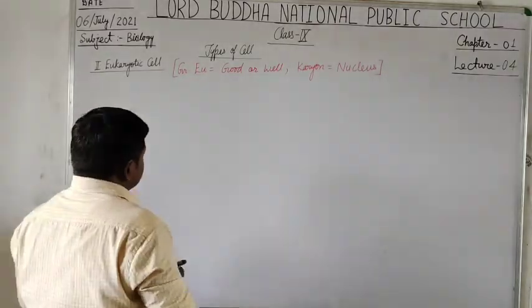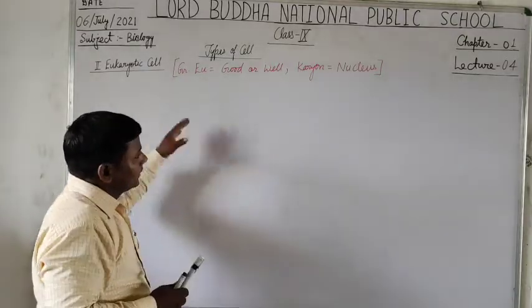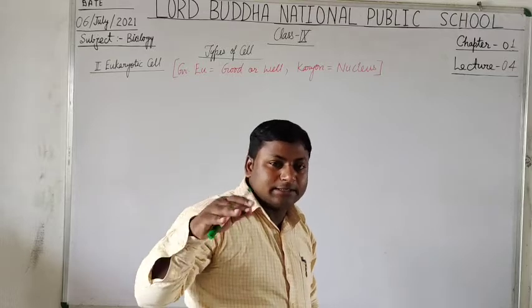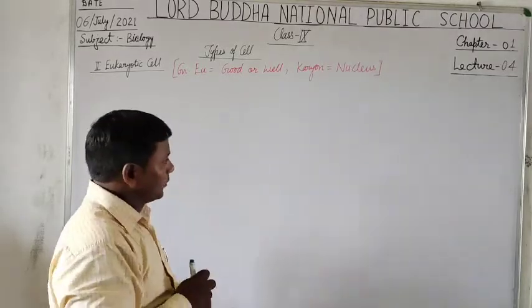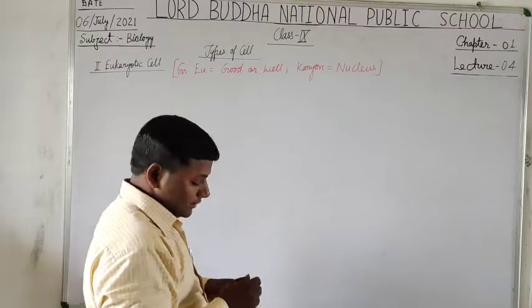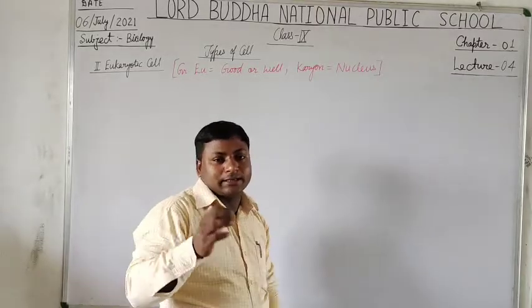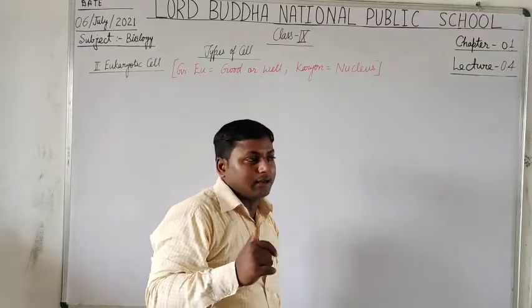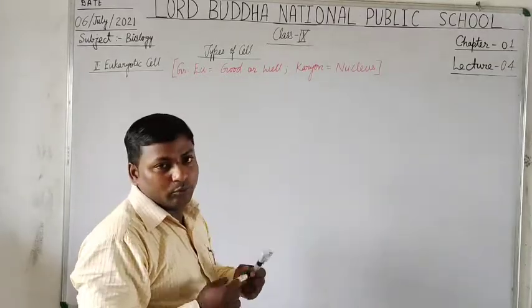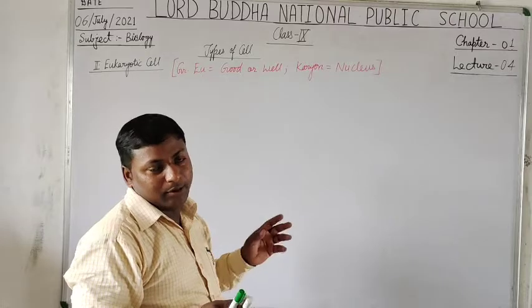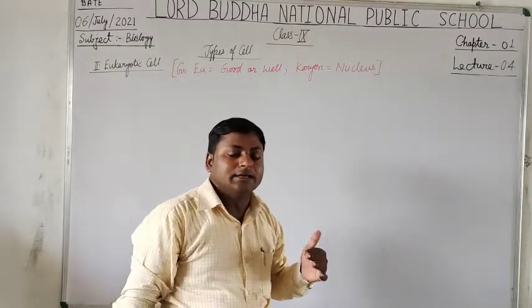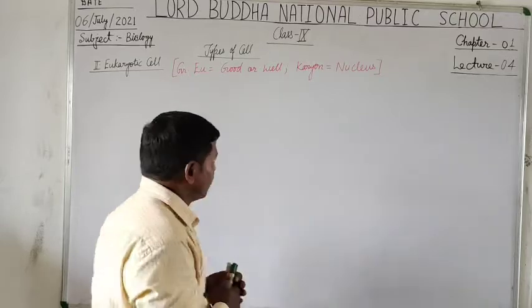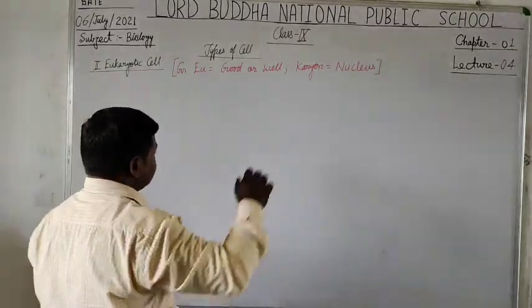So let's see what kind of cell organelles are present inside the eukaryotic cell. The eukaryotic cell contains all the developed type of cell organelles. It means a well-defined nucleus as well as developed cell organelles are present in eukaryotic cell.